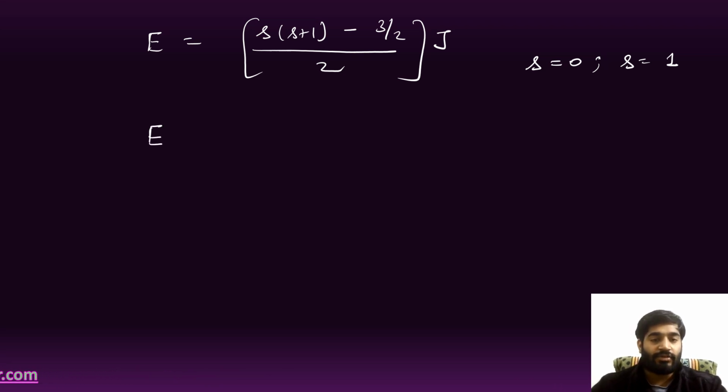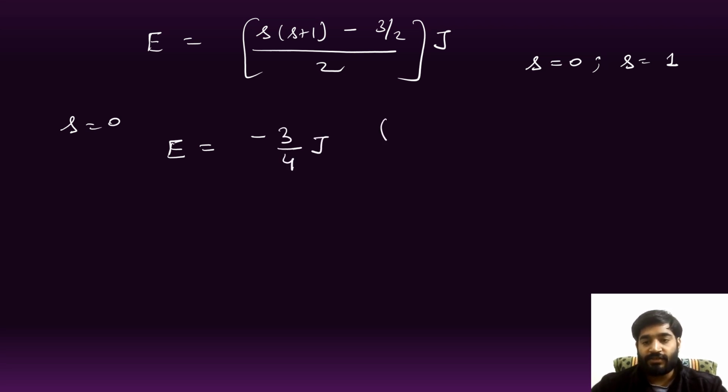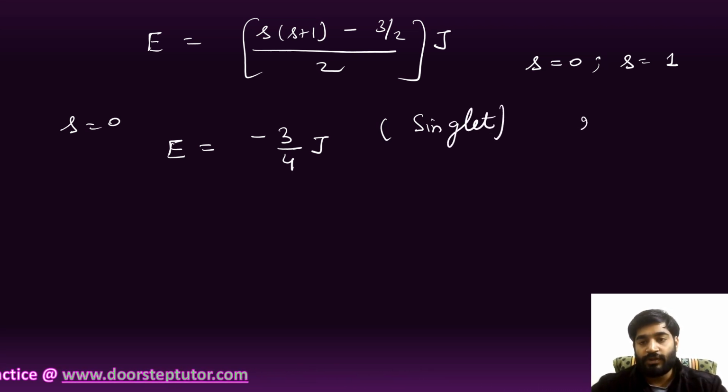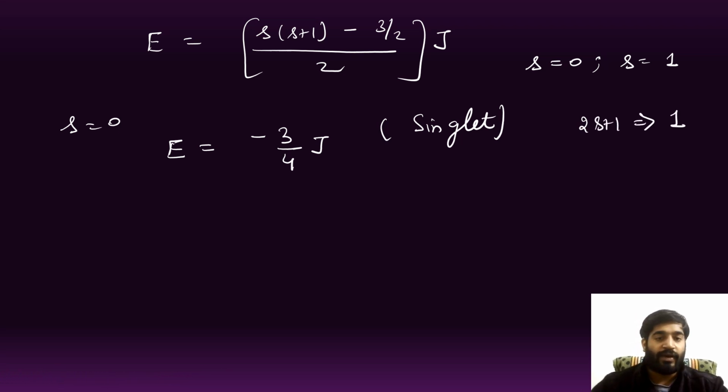So when S equals 0, your E will be minus 3 by 4 times J, and this is what we call the singlet state. Why singlet? Because it's 2S plus 1, and the 2S plus 1 value is going to be 1. Now we come again to S equals 1.